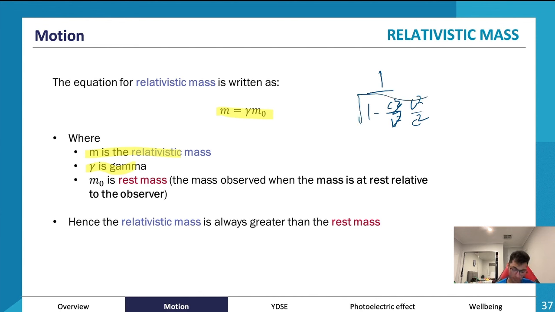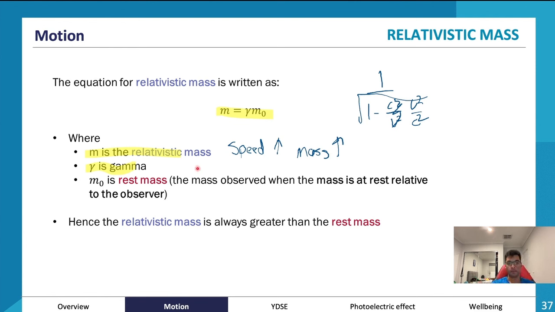So what this tells us is as you get faster and faster, your relativistic mass increases. So as speed increases, your mass increases.